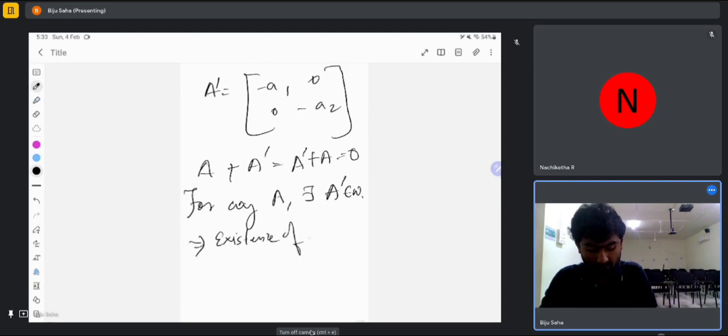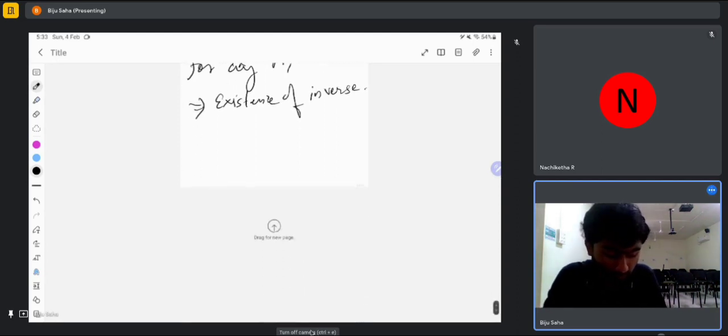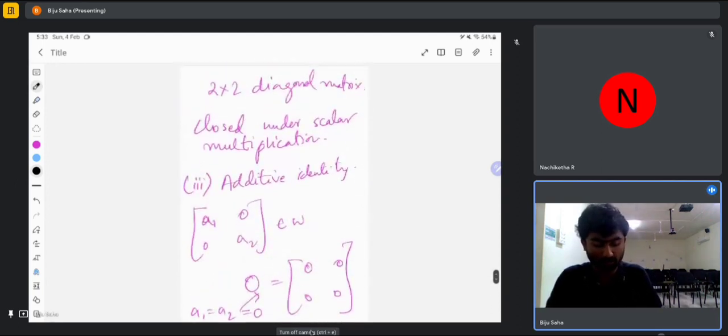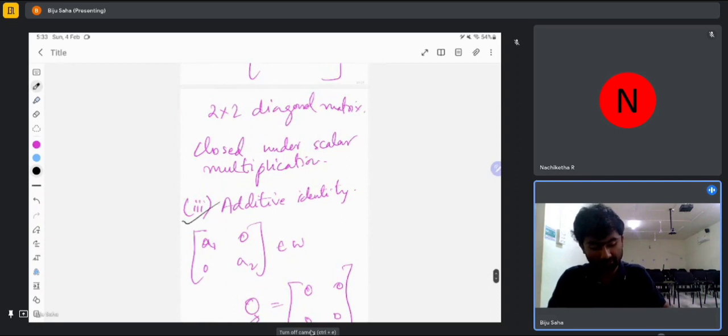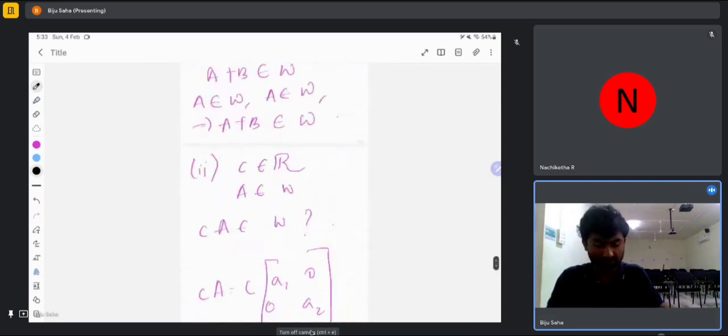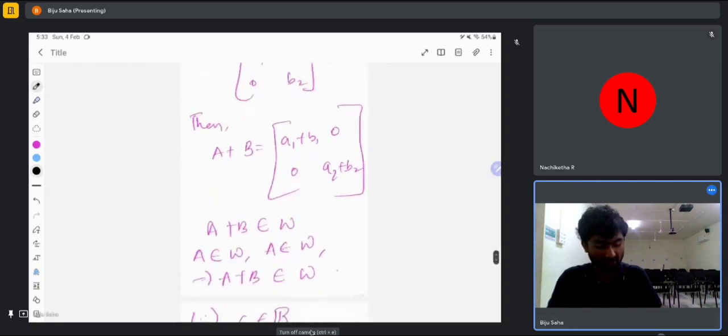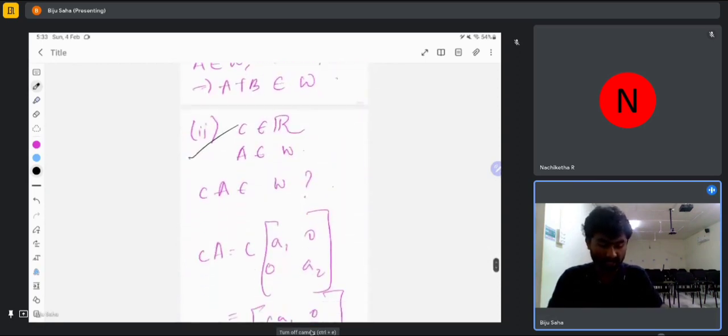So that proves all of the four properties: existence of inverse, existence of additive identity, closed under vector addition, and also closed under scalar multiplication.